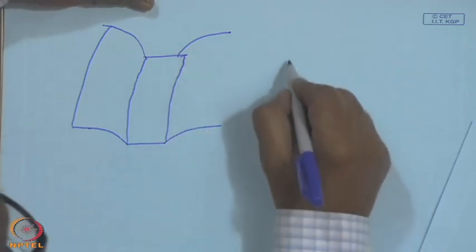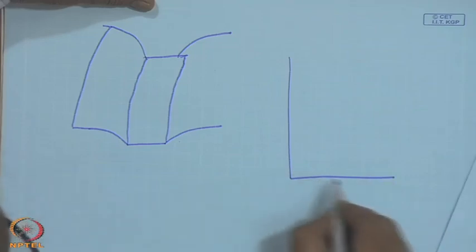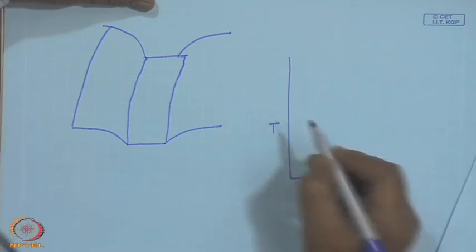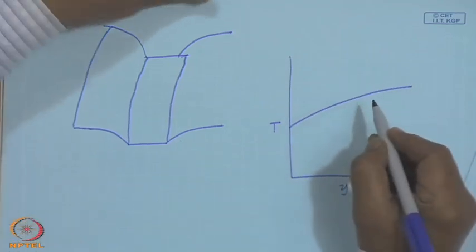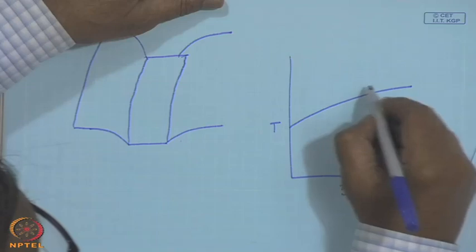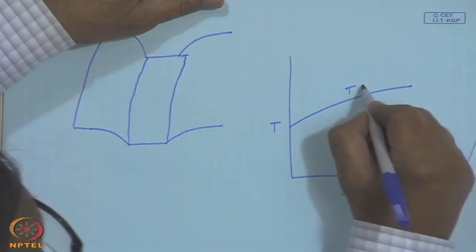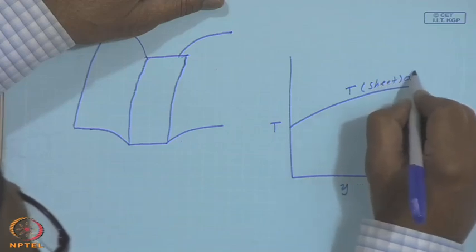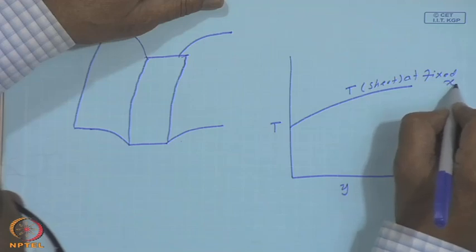So, if I plot it with respect to y and t, this will be at the beginning of the collector, this may be t on the sheet at fixed x.